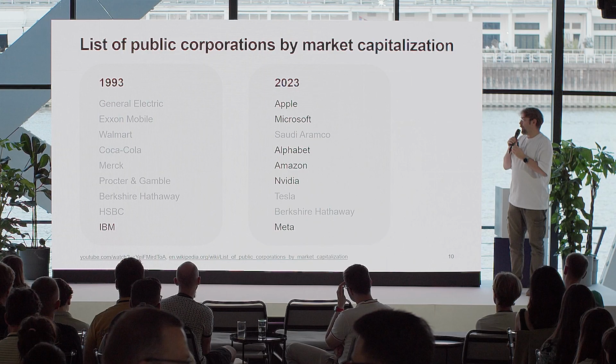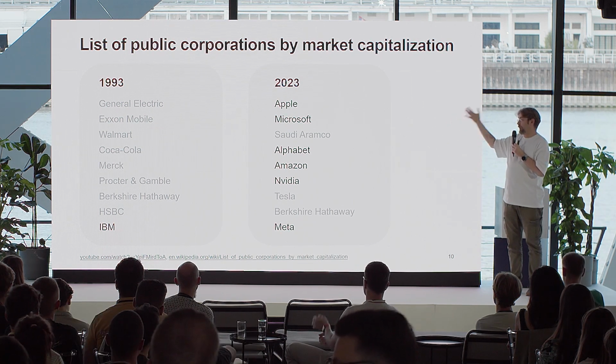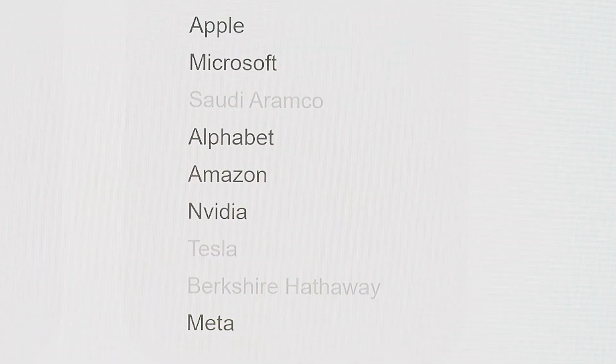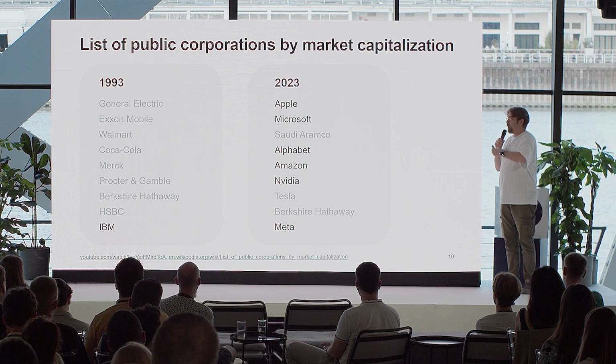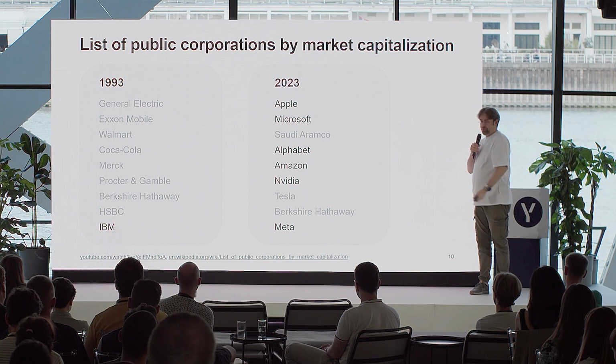Only IBM. Now most of the top companies are IT companies. And also, by the way, Tesla, I am not sure, is Tesla an IT company or not? Okay, maybe it's an automotive company, but we know that Tesla is mostly based on IT technologies. It's dramatically changed. 30 years ago, we didn't know most of these companies.